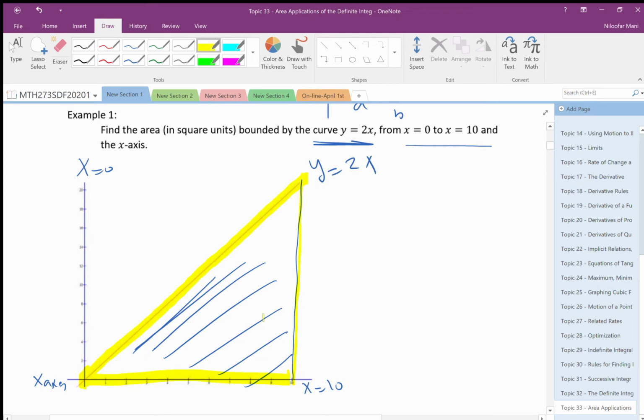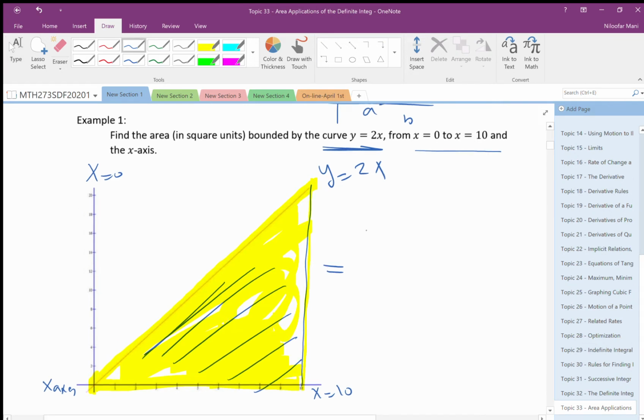How do I find it? I told you I can do it by integral. So the answer is integral from where to where? From this to this. Remember, always from small to large. From 0 to 10, 2x dx. This is the answer.